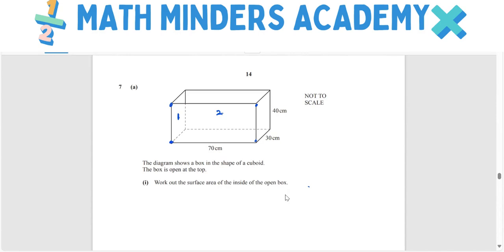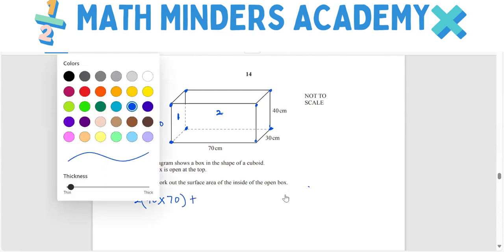The area of this and the area of this, they are the same, okay? So it's going to be 2 times, this is 40, and the length is 70, plus, okay, let's pick another one.